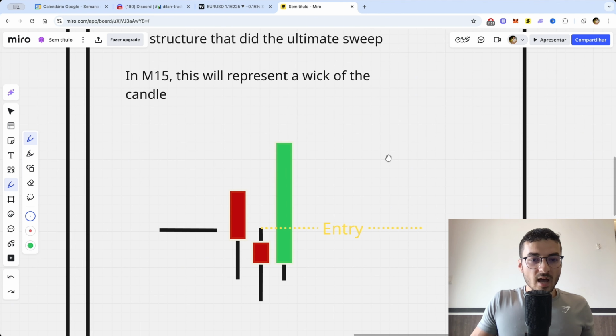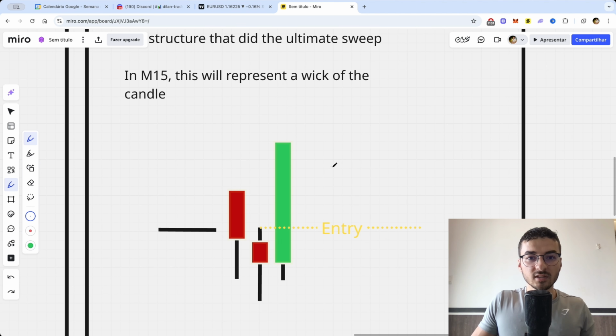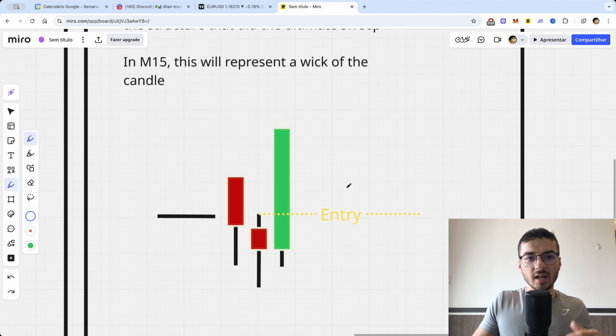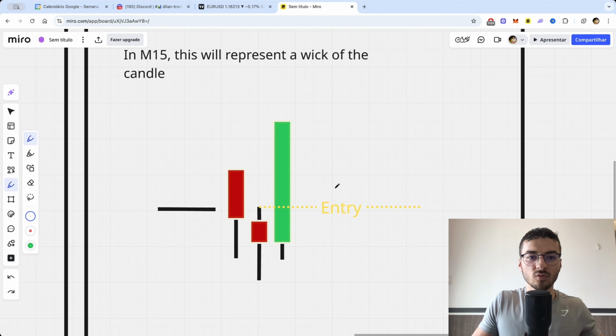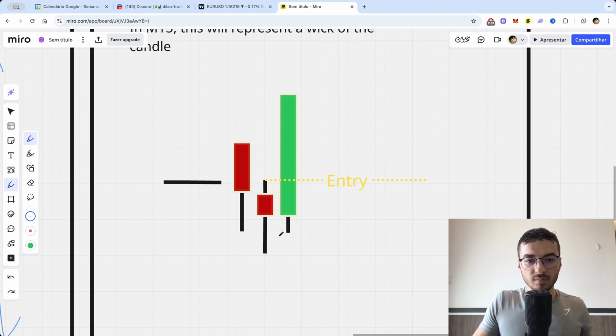orders nowadays. And in M15, this will most likely represent a wick or a candle. And if M15 looks a bit ugly or the stop loss is too huge, you can also refine it to wicks in M5. So this will be exactly it. Price will sweep it, will go up, will trap people that are placing themselves around here, okay? And then this was the high that made the ultimate sweep that trapped a lot of people.